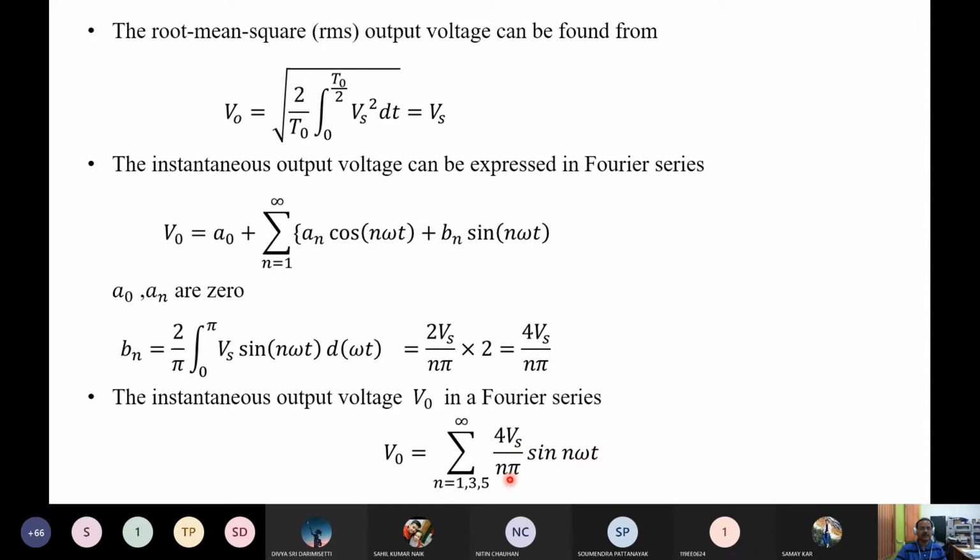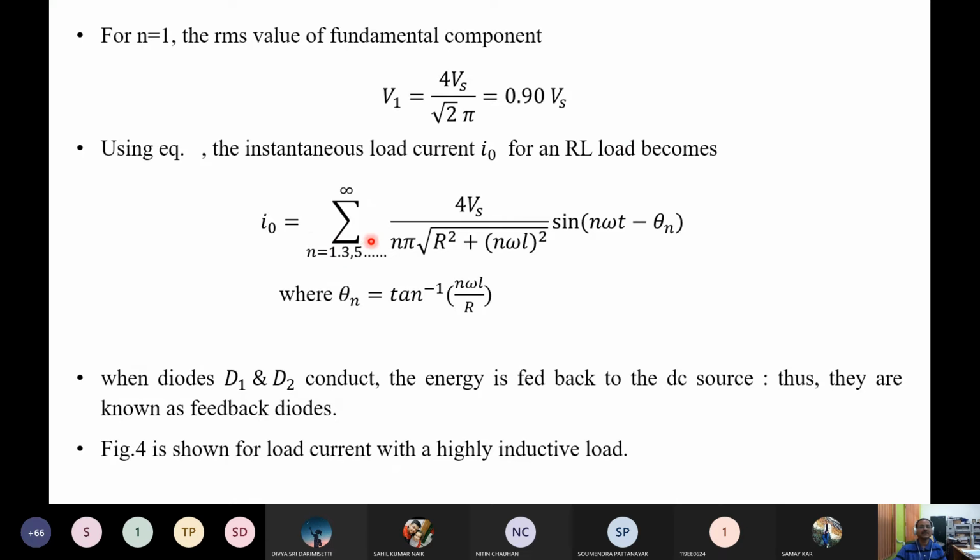V naught 3 will be 4 Vs by 3 pi sine 3 omega t. Right. So the instantaneous load current is 4 Vs by n pi square root of R square plus n omega L square, sine n omega t minus theta n. Theta n is tan inverse n omega L by R.